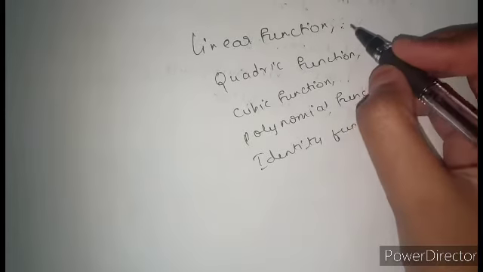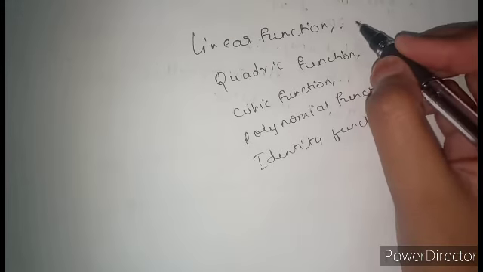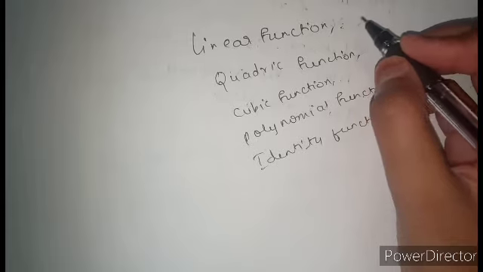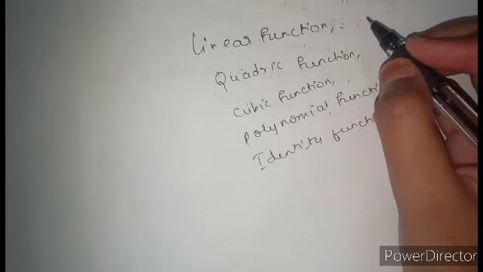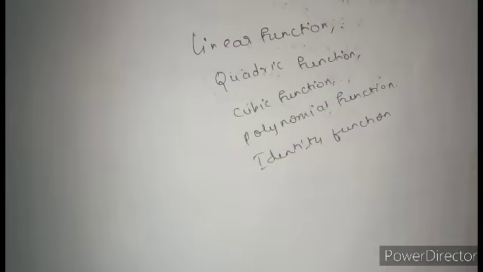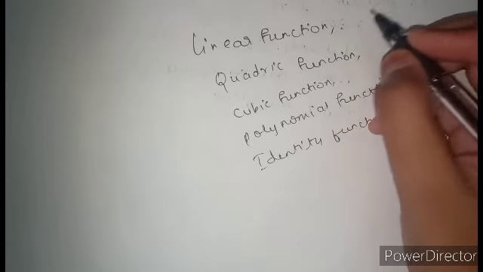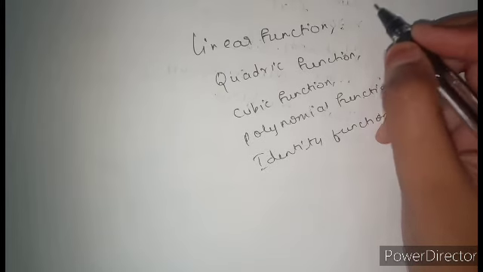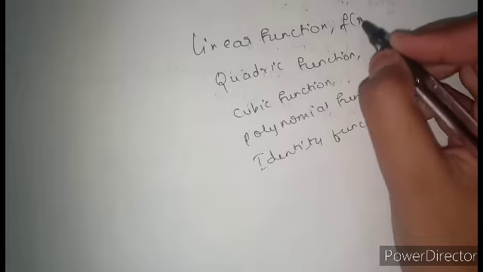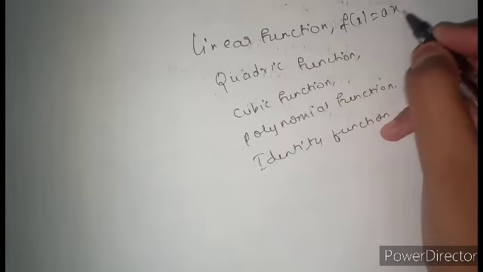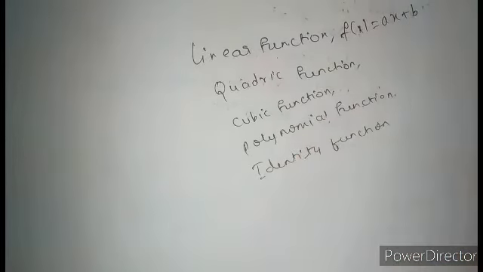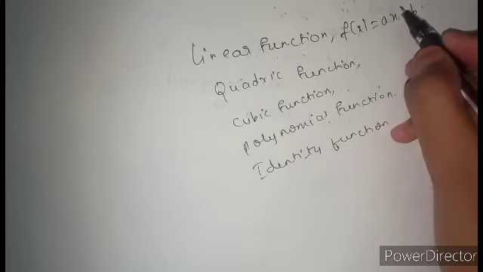Linear function means a function whose degree is 1. Degree means highest power, right? A function whose highest power is 1 is called a linear function, f of x equals ax plus b. See, its degree is 1.